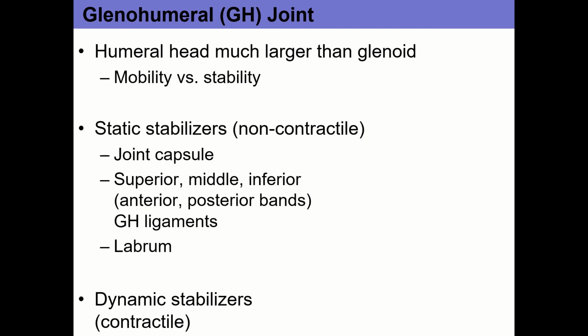Speaking of stability, so there's two types of stabilizers you can see there. There's static stabilizers and dynamic stabilizers. So a static stabilizer, I've got non-contractile in parentheses. So there I'm referring to the joint capsule, the ligaments, and then in this case the cartilage, the labrum of the shoulder. And we'll talk about each of those in a second. But your static stabilizers, particularly the ligaments and the joint capsules, determine the end range of motion of a joint.